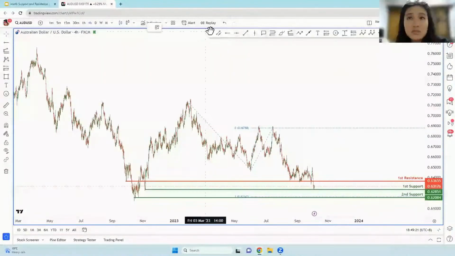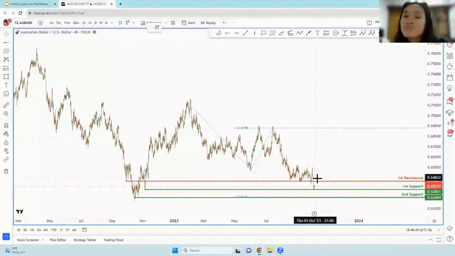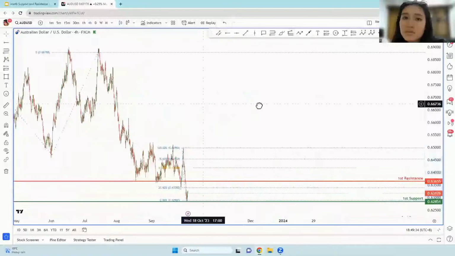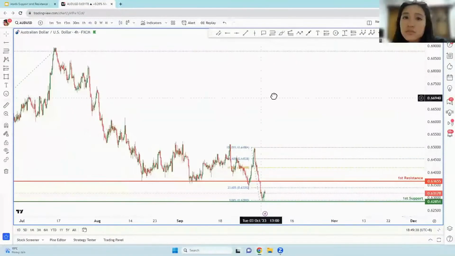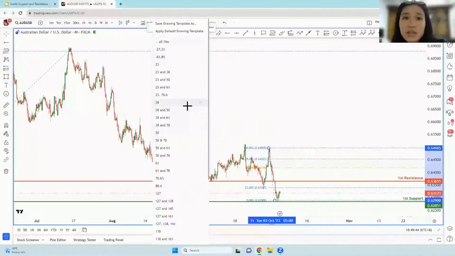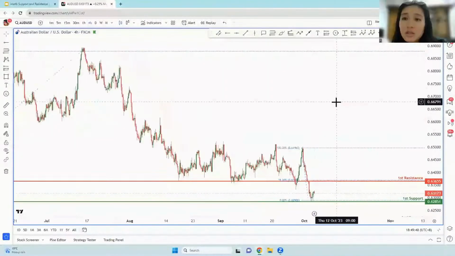Next. I think my 38 lines up, yep, with my first resistance.